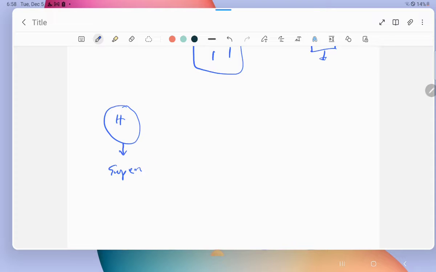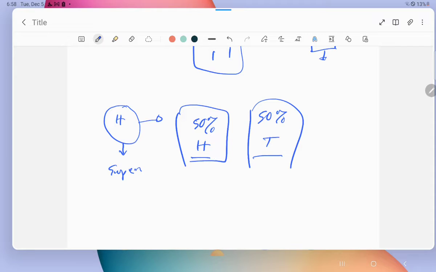We can say there is a 50% chance of getting heads and a 50% chance of getting tails. To represent this you need two values, so we can write 50% for heads and 50% for tails. If we change the probability, we can change these values.